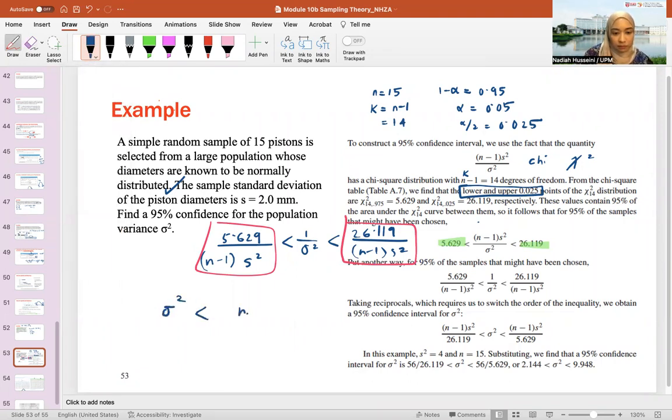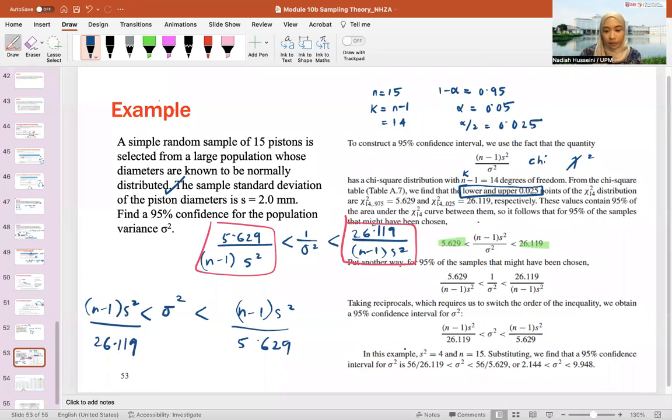Okay, so that would give me something like this. n-1 s squared over 5.629, and this side would be n-1 s squared over 26.119. Then in this example, our s squared is known, so we can substitute s squared for the value that is given. And our n is also known, it is 15.